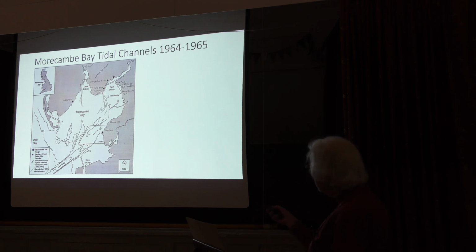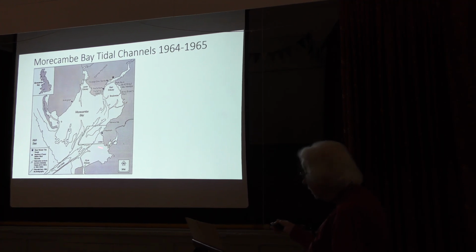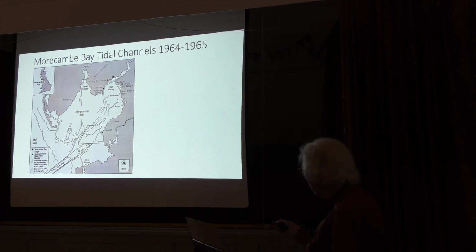There are a number of estuaries: the Leven estuary, the Kent estuary in the north, the Keer estuary here, coming through near Carnforth, the Lune estuary, which you've already seen on the previous slide, and then the Wyre coming in from the south. You'll notice that there are various contours here which are actually showing the main tidal channels.